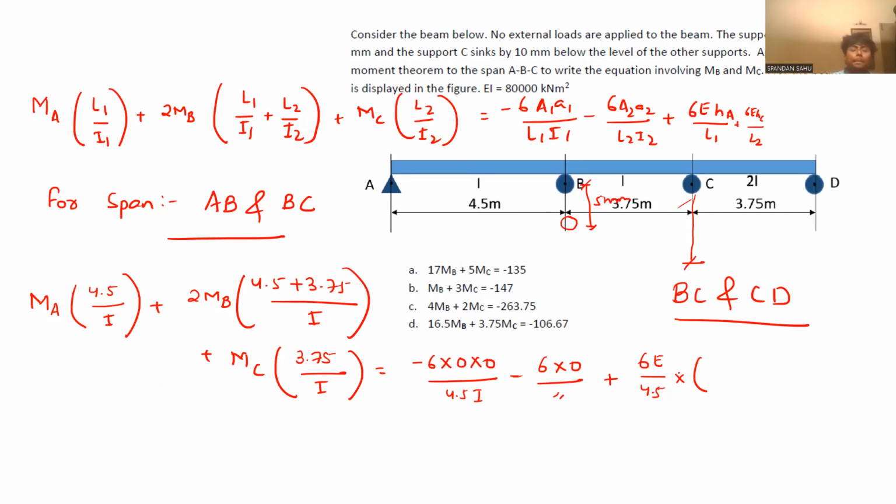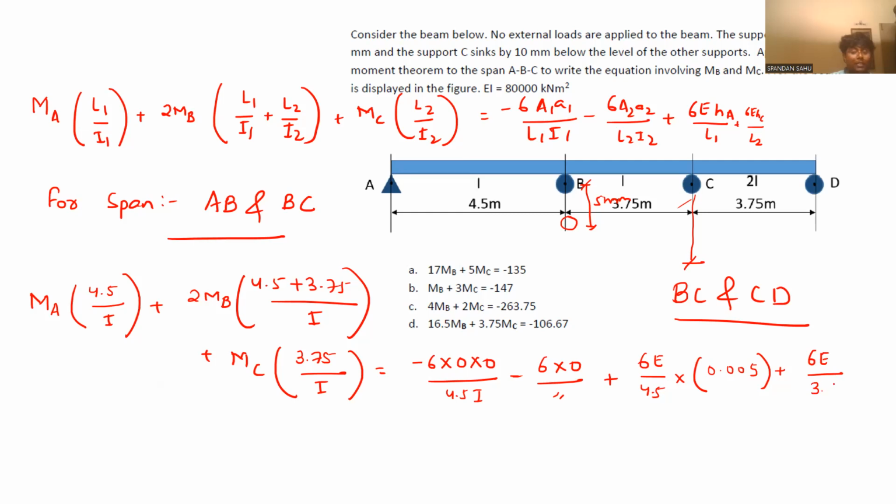So tell me, what will be HA? 5 mm, 0.005. Then L2 is?